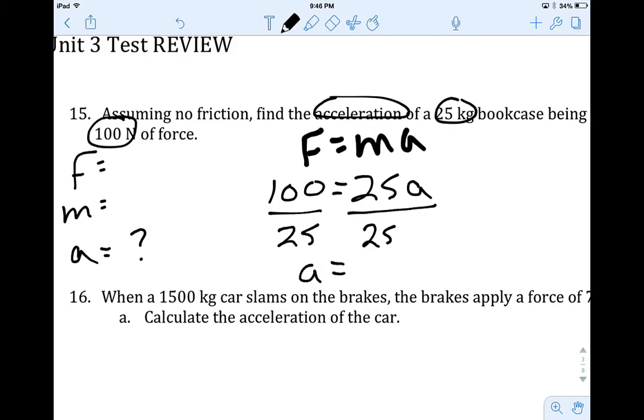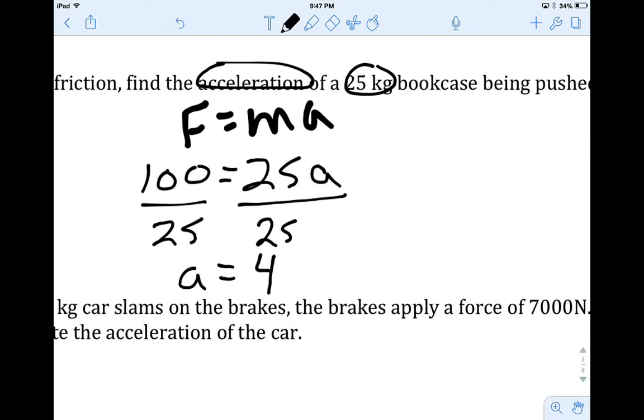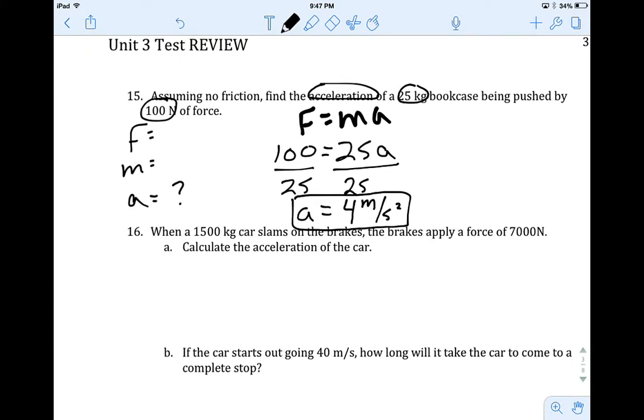And then a equals 100 divided by 25, which is 4. Now, we need to make sure that we have a unit on here. Acceleration is always meters per second squared. That's written up on the board, guys. You don't even need to put it on your card.